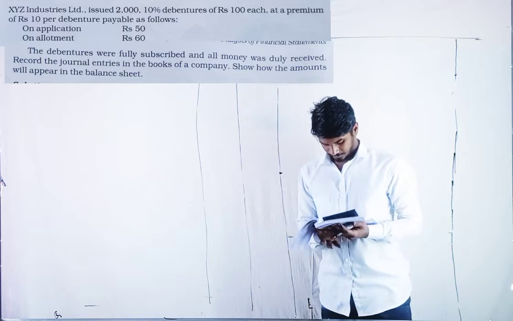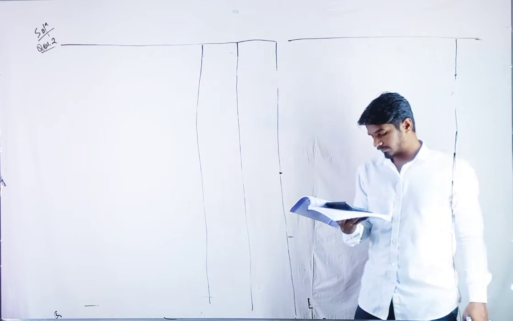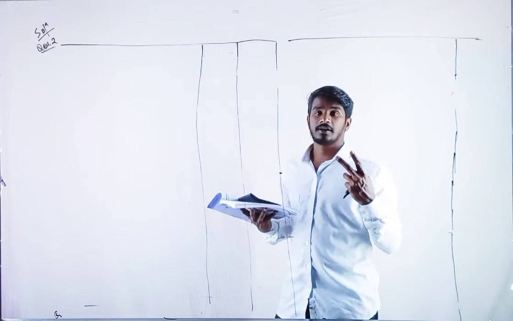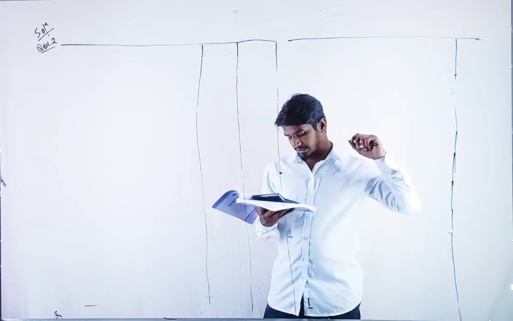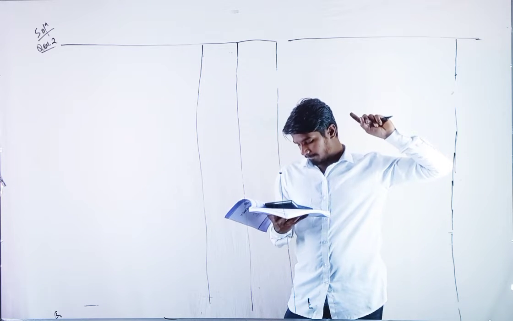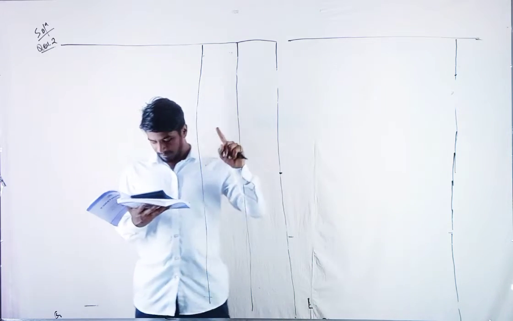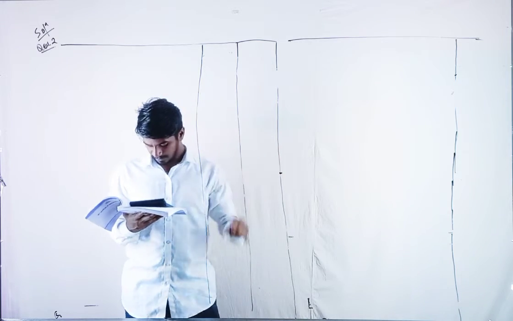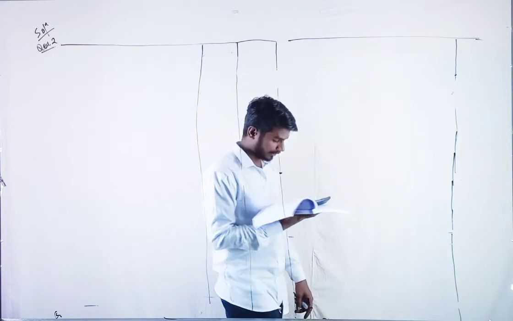Let's read the question. XYZ Industries Limited issued 2,000 debentures, 10% debentures of rupees 100 each at a premium of rupees 10 per debenture. Who can issue at a premium? Those who have goodwill in the market. Payable as follows: application 50 and allotment 60.